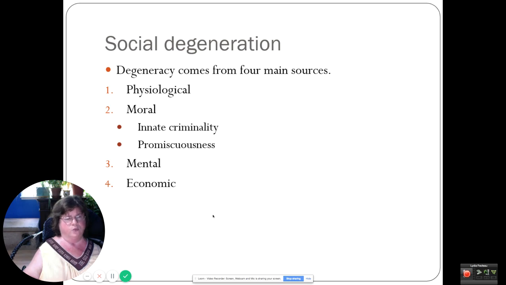Also in this moral category would be gender identity issues. Transgender is not a new phenomenon. It existed at that time as well. Individuals that would start dressing as a different gender or would act in a way inappropriate for their gender identity would be considered morally degenerate.